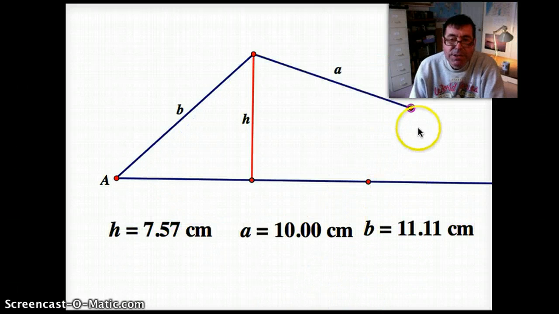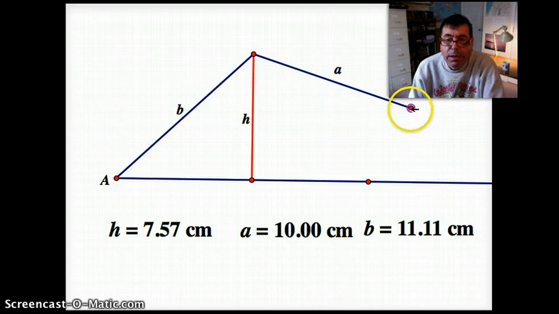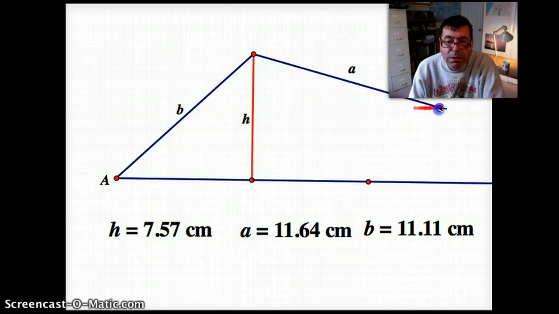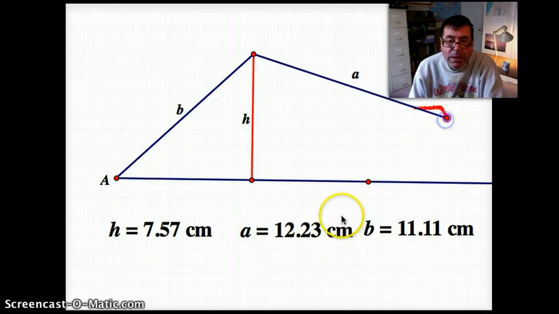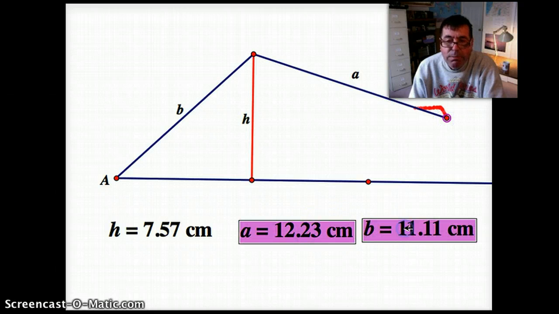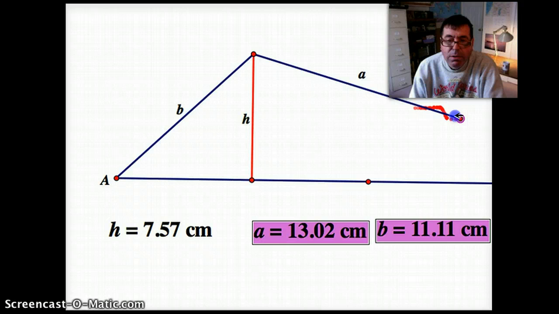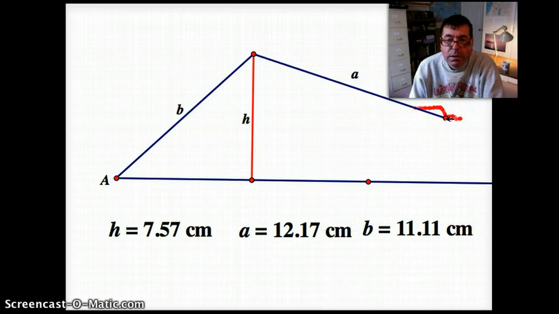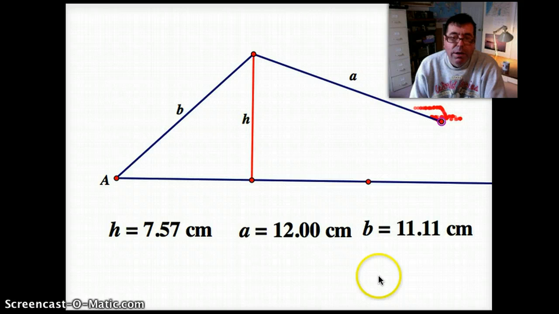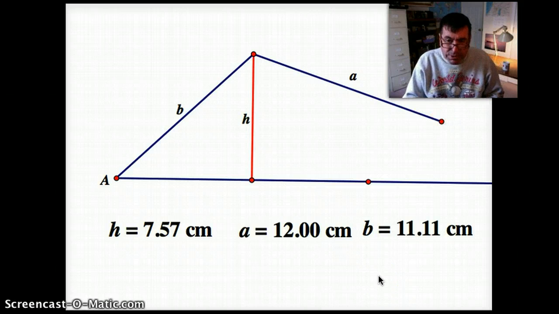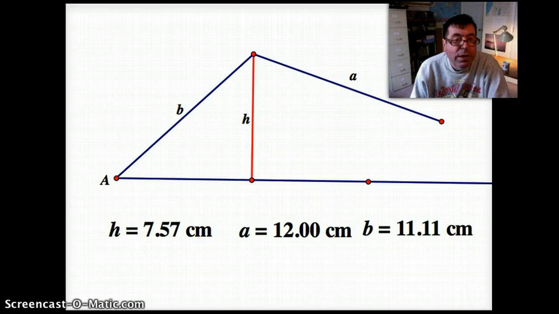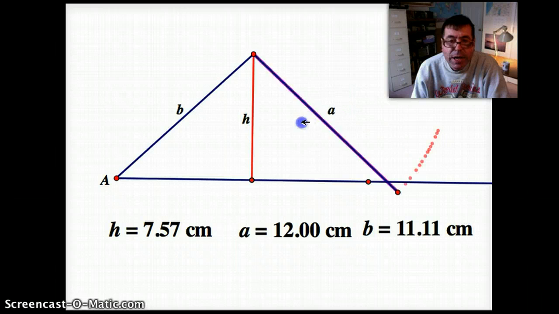Okay, for our last case, we're going to make a longer still. I'm going to make a, at the bottom, greater than b. How about we say something like 12? Now what's going to happen when I try to move this side?